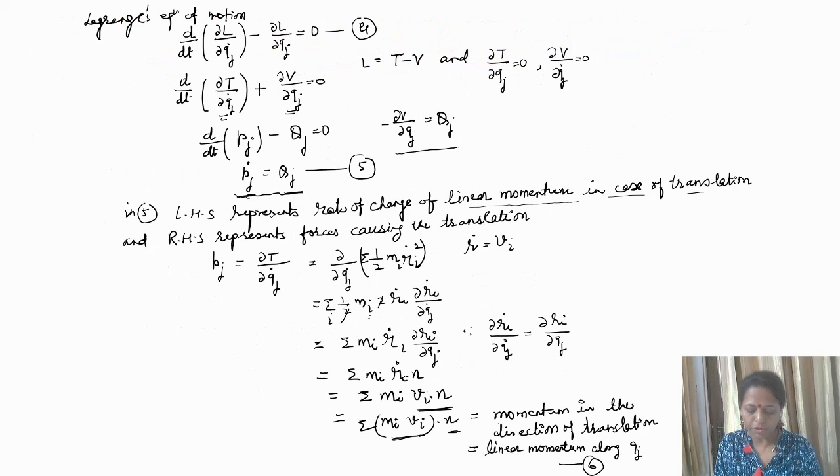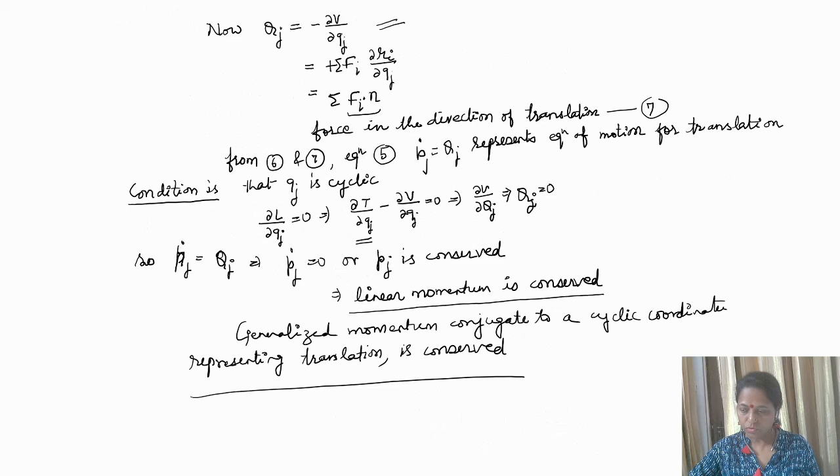In equation 5, we will show that the left hand side is representing the angular momentum and the right hand side is representing the forces causing the rotation. Here we have shown that Qj represents forces causing the translation, and in the next article we will show that it is representing the forces causing the rotation.